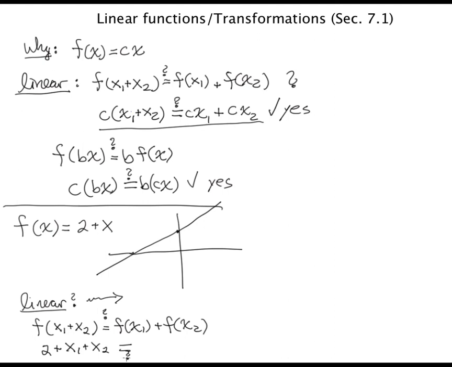And I'd like you to tell me whether that's always equal to f of x1, which is 2 plus x1, plus f of x2, which is 2 plus x2. Sadly, that's not the case. All right, the 2's don't work out. Here you have a 2, and here you have a 2, which adds up to 4, but over here you only have a 2, so the answer is no.